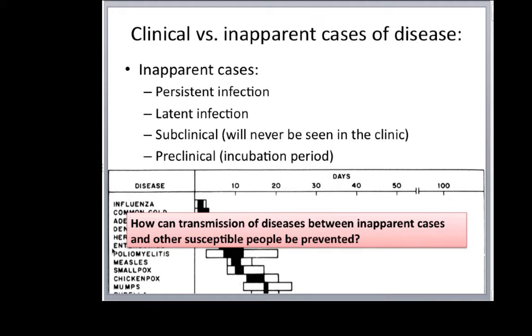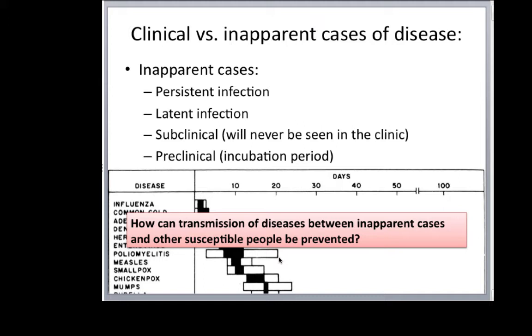But I just want to point out poliomyelitis, right? Or polio, as we know it. Look, this is actually the range in days of its incubation period. It can range up to 3 weeks. And that's an issue because during those 3 weeks, people who are infected with the polio virus can actually transmit it and spread it.